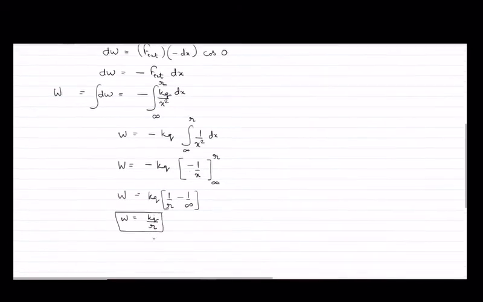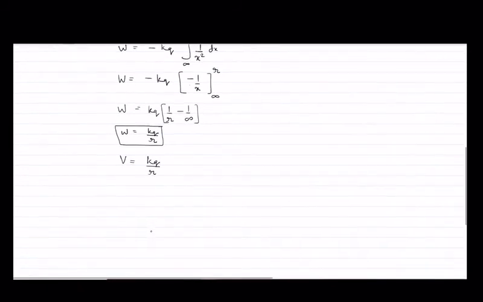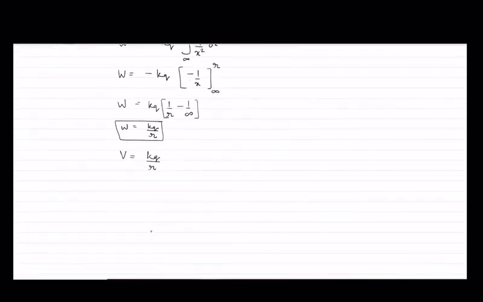As we already know, the work done in bringing a charge of 1 coulomb is equal to the potential. So the potential at the point P will be kQ by r. We can summarize it: suppose there is a charge q placed at some point, and there is a point P at a distance r.